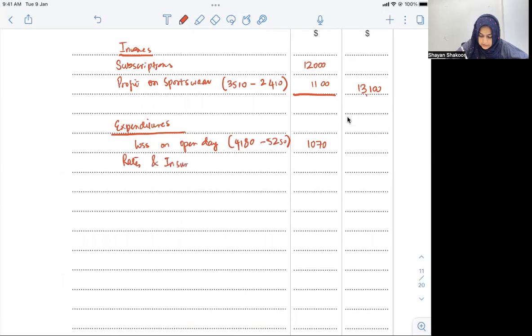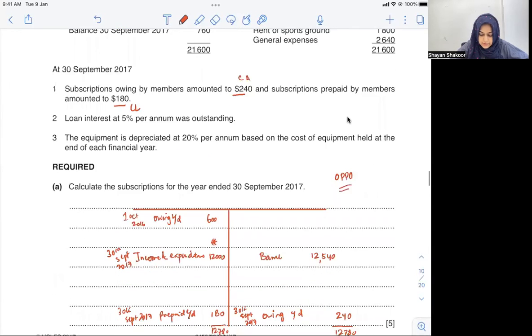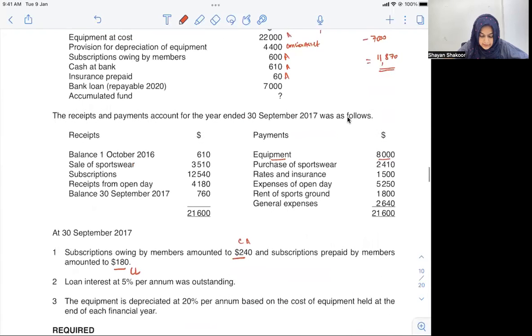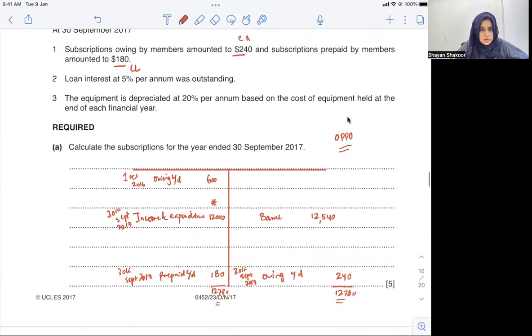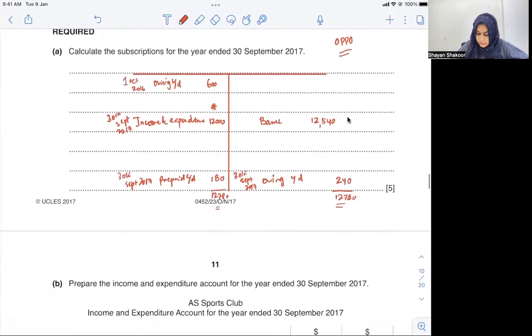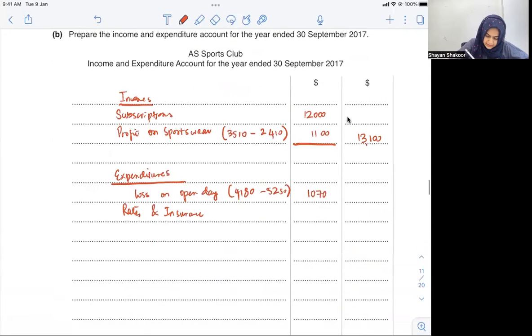And if you see the question, we do have an opening prepaid in insurance, and we don't have a closing prepaid or owing in insurance. So we don't need to worry about it. If you make a small account at the side, we follow this rule, BOOP, for expenses. So for example, this is rates and insurance, and there is an opening prepaid of $60.